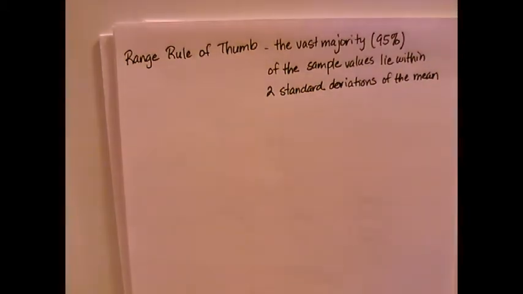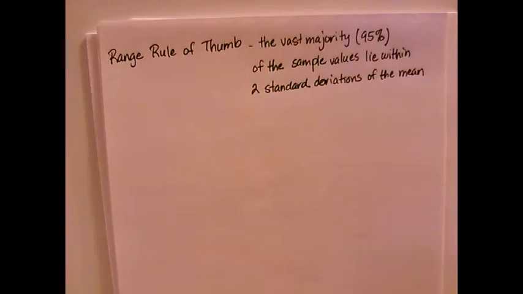Okay, that's basically what that range rule of thumb is, where 95% of your sample values are within 2 standard deviations of the mean. And we do have a minimum usual value and a maximum usual value.